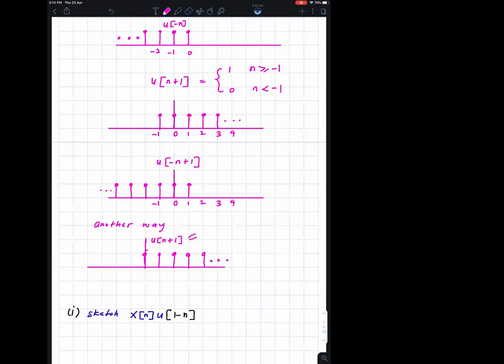Because from here, when you solve, you get n equals minus 1. So it's going to move one step to the left.